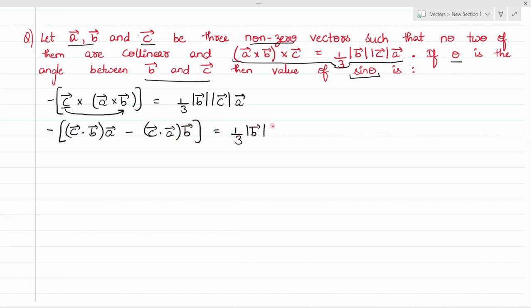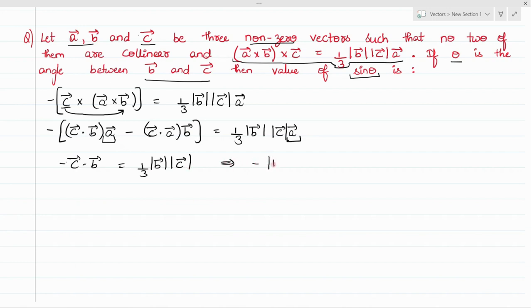Now let's compare the A vector with this. Now we'll get minus C dot B is equal to 1 by 3 magnitude of B magnitude of C.